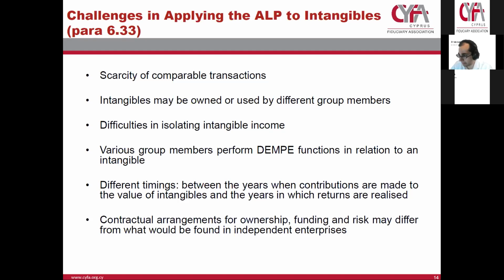Intangibles may be used by many group members. It's difficult to isolate and even identify intangible related income, because sometimes there's an intangible transaction that is connected with other services, with the provision of services, with the provision of goods. For example, if we sell pharmaceutical products, a drug, typically there will be several intangibles there.